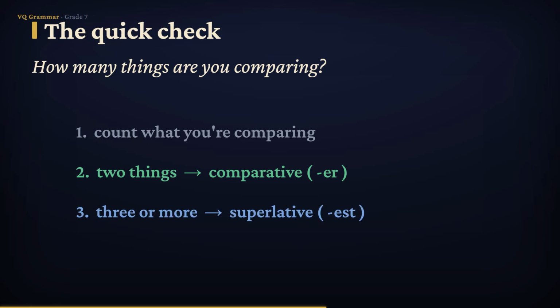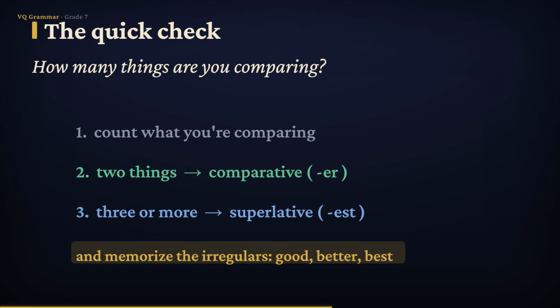If it's 3 or more, use the superlative, the EST form. And keep that short list of irregulars in your back pocket. Good, better, best. Bad, worse, worst. Because those never follow the ending rule. Count, choose the form, and remember the rebels.